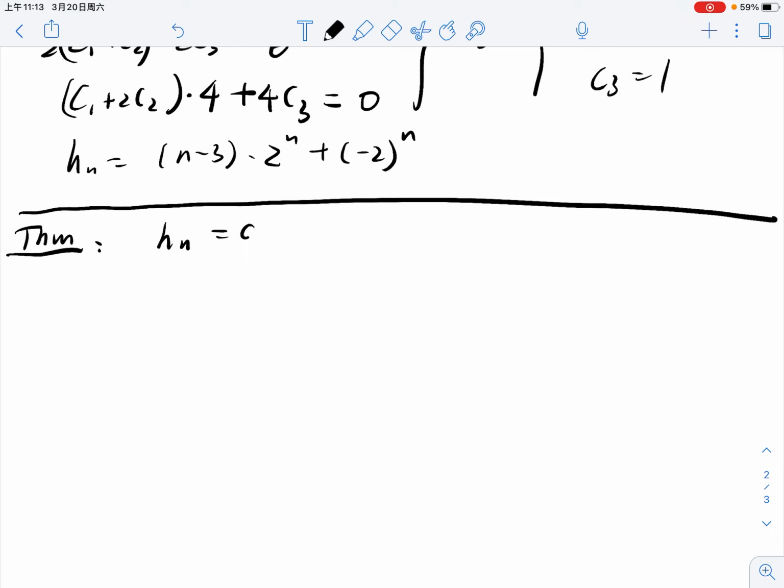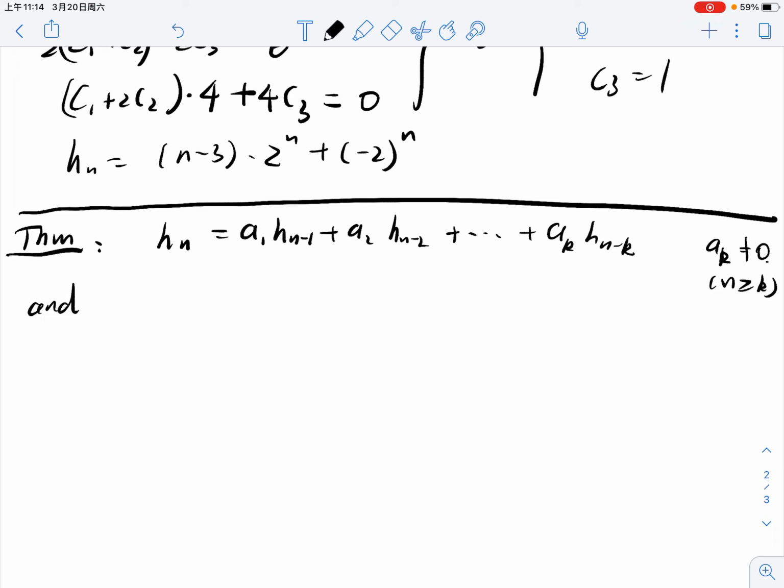Suppose you have a recurrence relation of order k, and consider the characteristic equation x to the k minus a1 times x to the k minus 1, minus all the way down to minus ak.